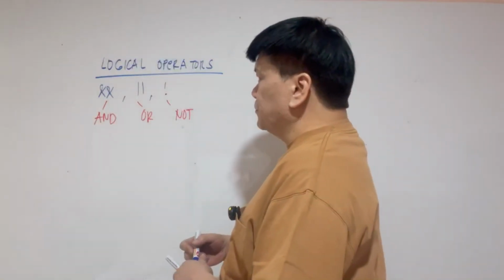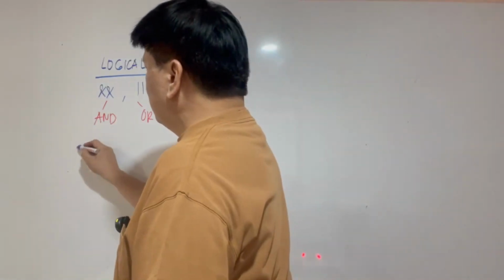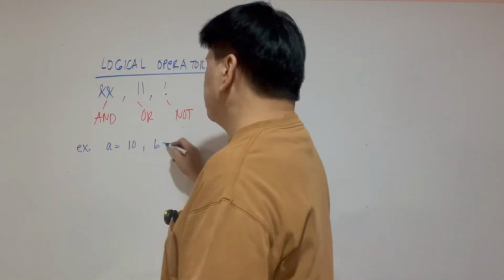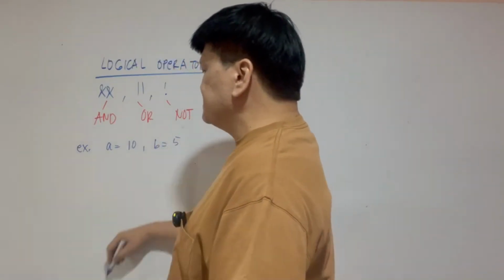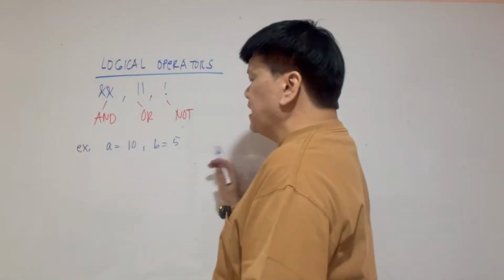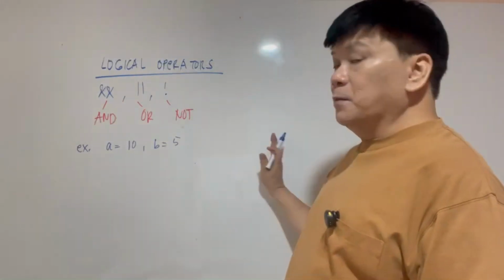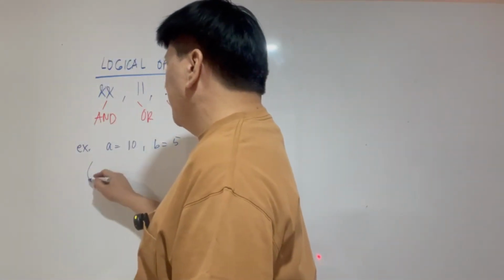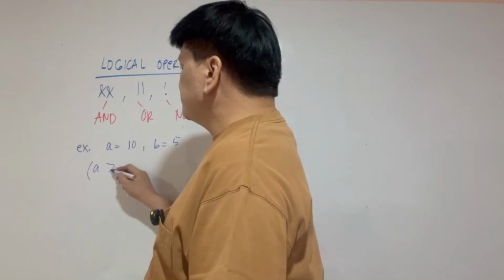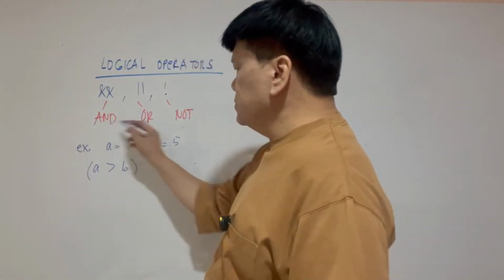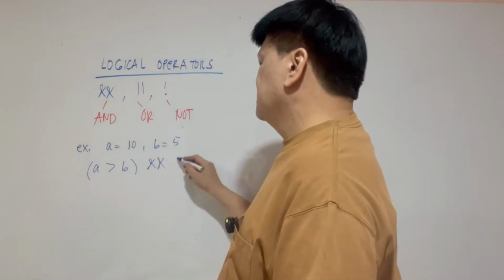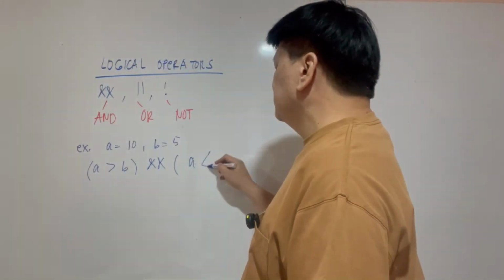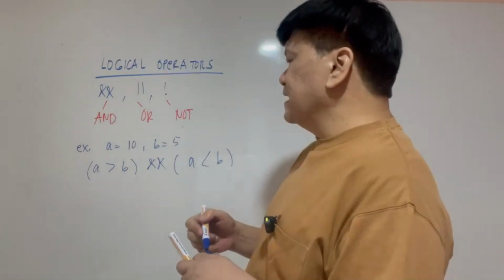I have an example for logical operators. Let's say, again, you have A is equal to 10, B is equal to 5. Then we do the testing. We compare. So it's a combination of two or more conditions. Let's say, is your A greater than B? Let's use AND first. AND A less than B? Now let us substitute.